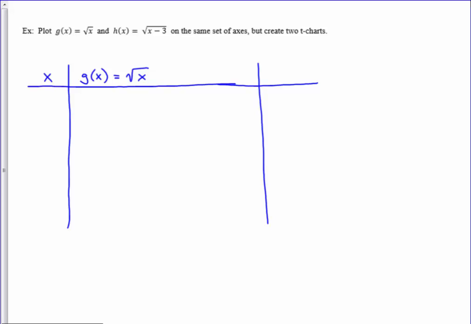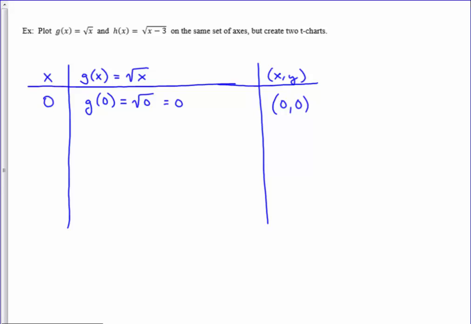If I choose 0 for x, I know I can take the square root. So 0 would be the first value. g of 0 equals square root of 0, which is 0. So my first ordered pair would be 0, 0.